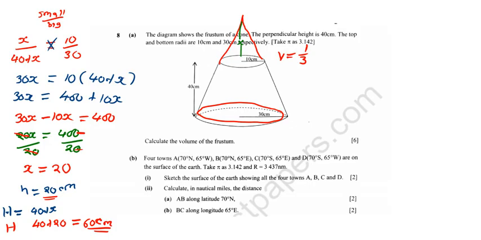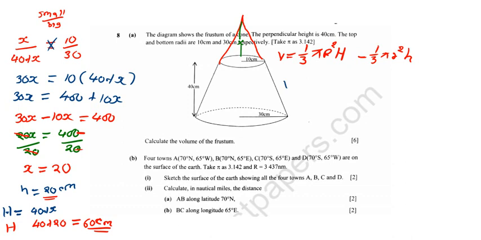So for a circle, we use pi r squared. So I'm using 1 over 3 pi r squared h. This one is for the big cone. Again, minus 1 over 3 pi r squared h. That one is for the small cone.